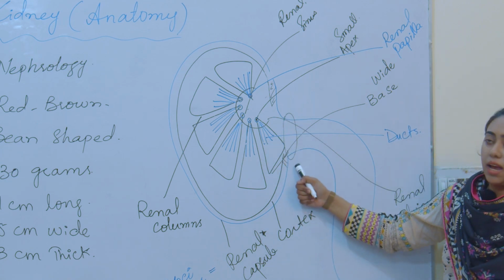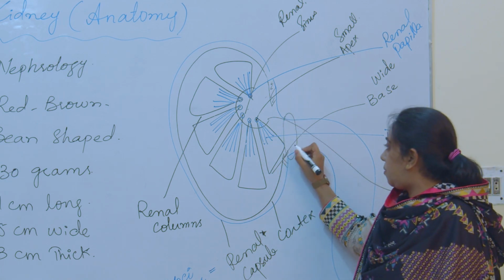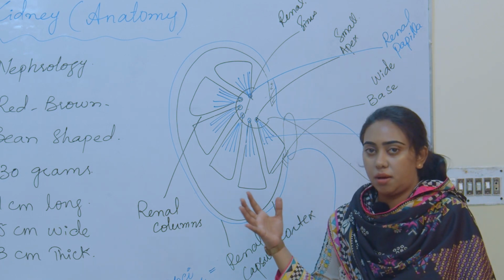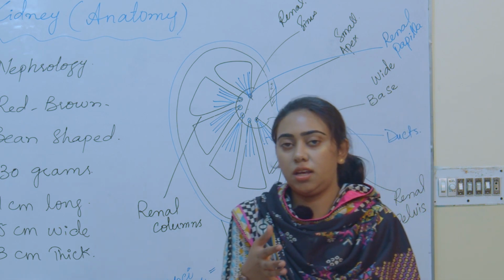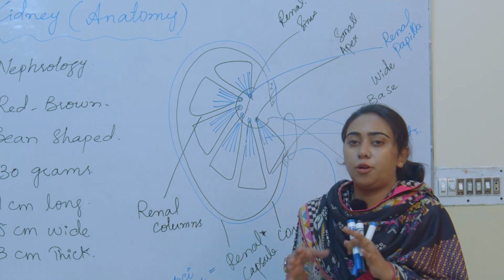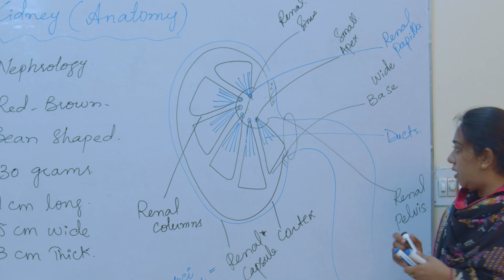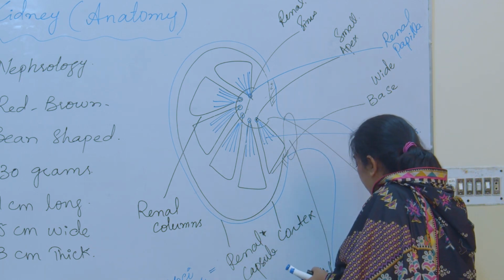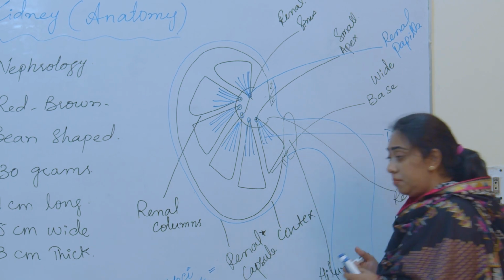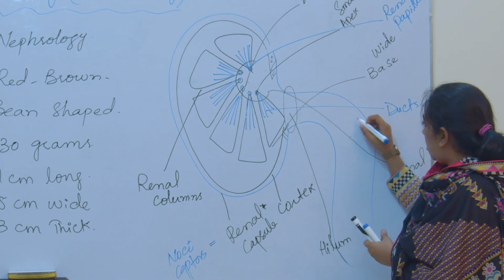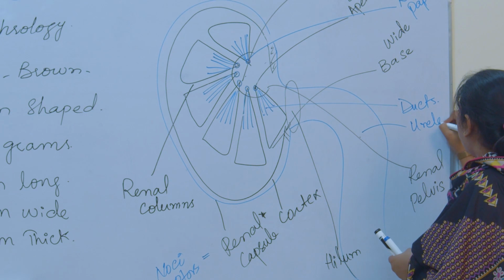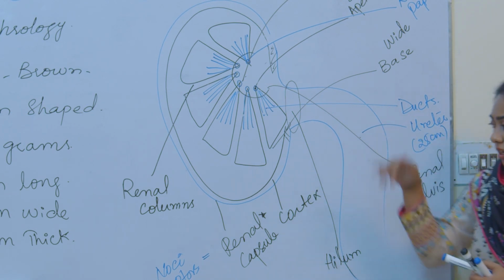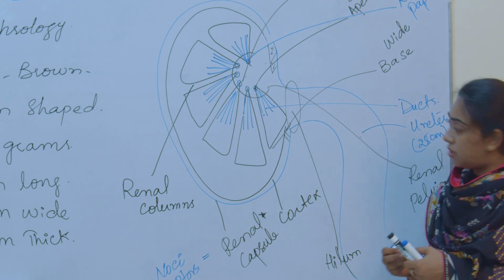This concave side has a depression, and this depression is the space from where the renal artery and renal vein come and exit the kidney, along with certain nerves and vessels. This point is known as the hilus, or hilum, and here is the ureter, a 25 centimeter long tube which is then connected to the urinary bladder.